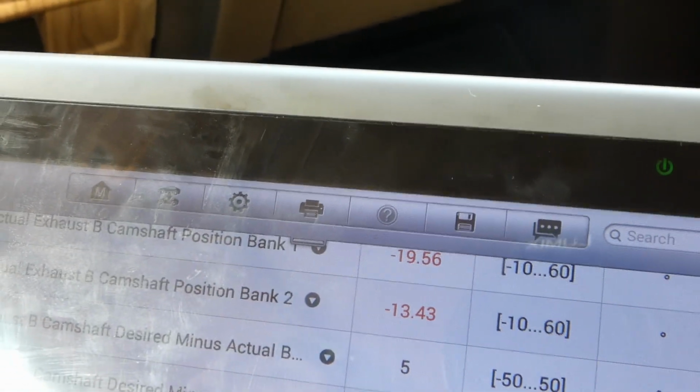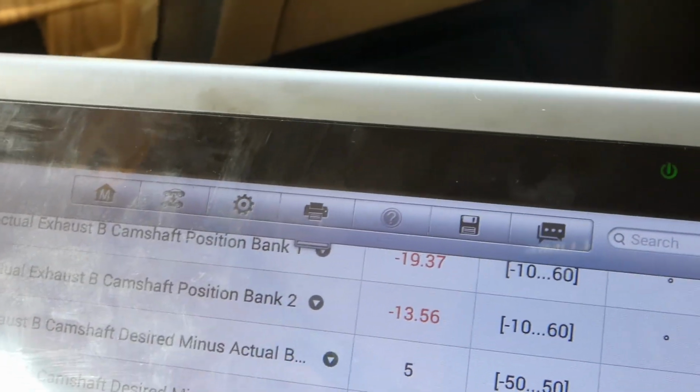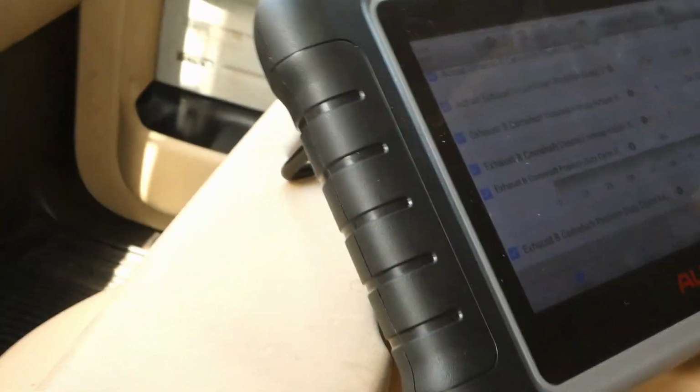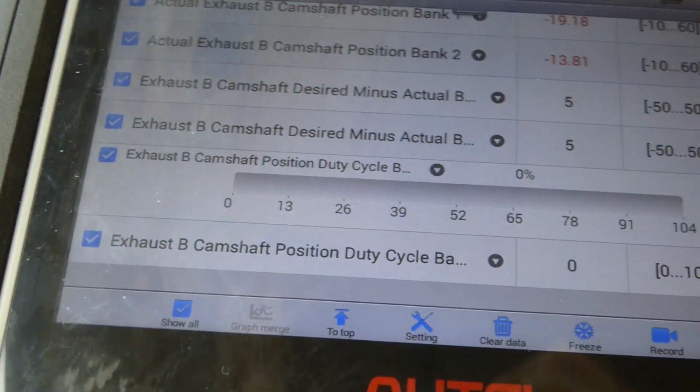It's driving like it's out of time, but it's not misfiring. That phaser barely moved. So what? The solenoid? Is the solenoid being activated 100% of the time?